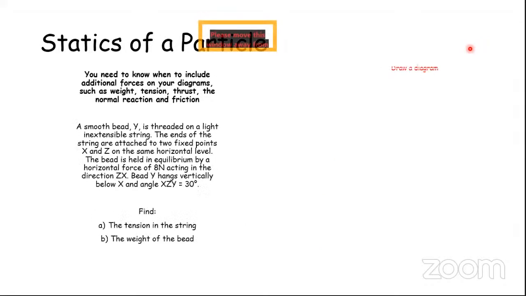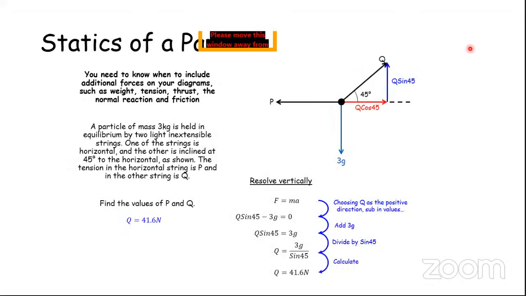And then after this, we are supposed to resolve horizontally. So horizontally, P would be equal to Q sine of 45, and then we'll do the substitution and find the answer.